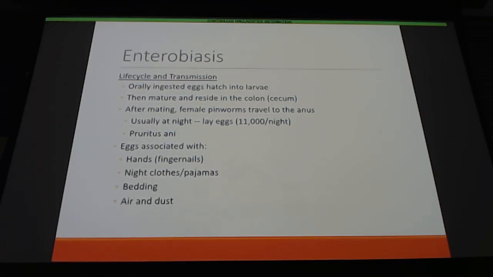On average, this can live on these fomites for about 3 weeks or so at normal room temperature. So even if you haven't cleaned everything else, it can still hang out for about 3 weeks.